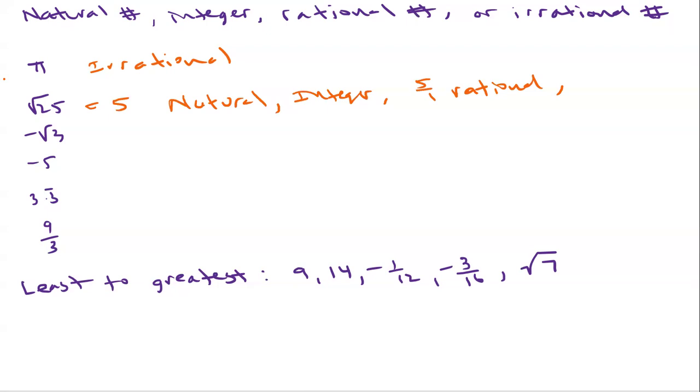Okay, next one, negative radical 3. Okay, so that's going to be irrational. Okay, negative 5, that's an integer, and rational.